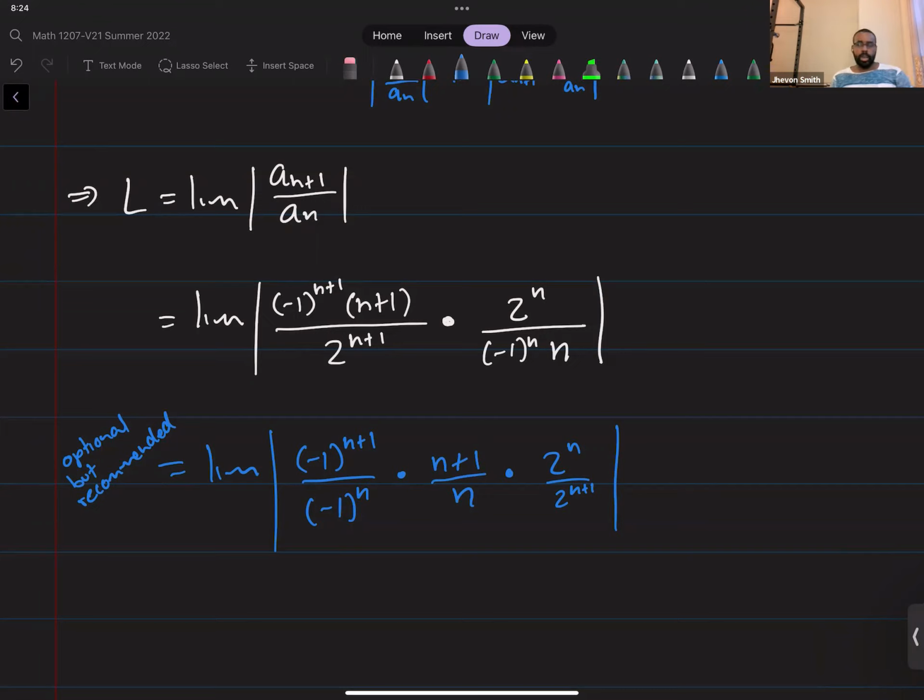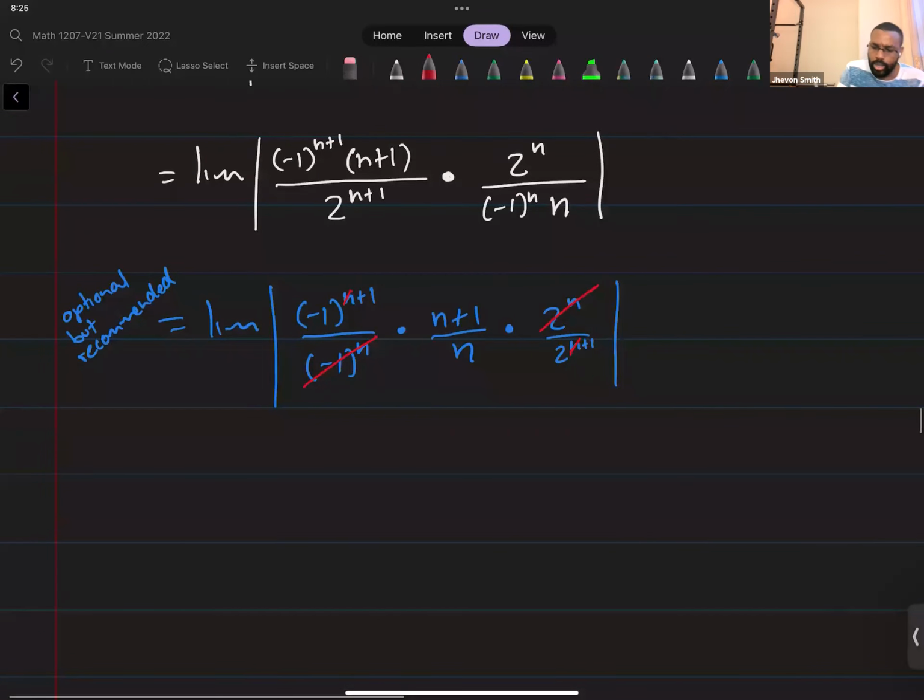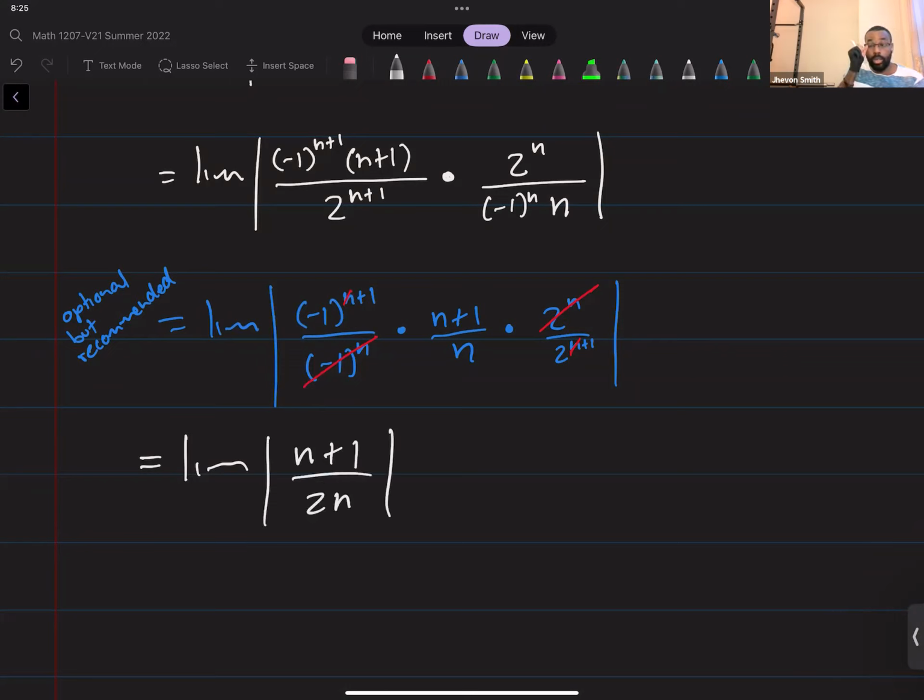That's nice because now things cancel pretty nicely. So this will cancel into that, and this will cancel into that. And so you really end up with, sure, it's an absolute value, so the -1 is going to disappear. We're just going to have (n+1) divided by 2n, right?